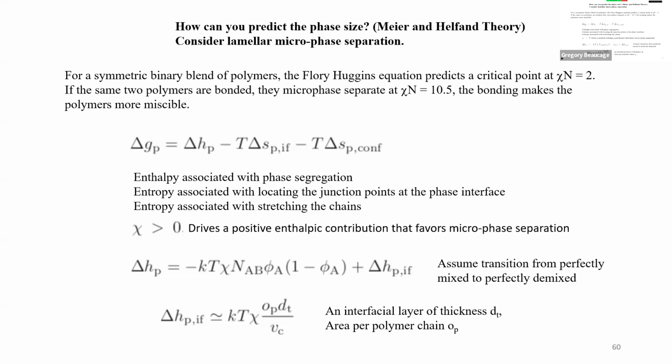So OP dt is like the volume of the interface. And so the reason he's putting in OP is he's going to minimize the whole free energy expression with respect to that. He's going to take the derivative of GP with respect to the area of the interface.